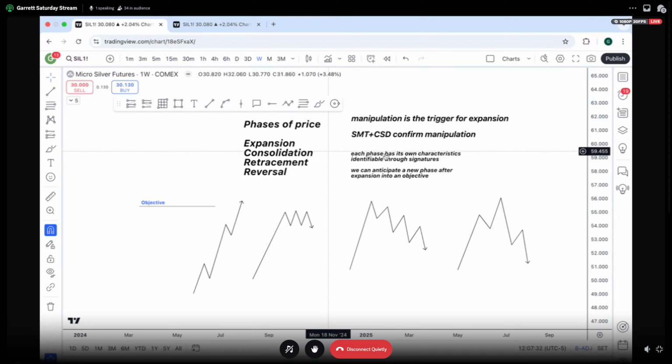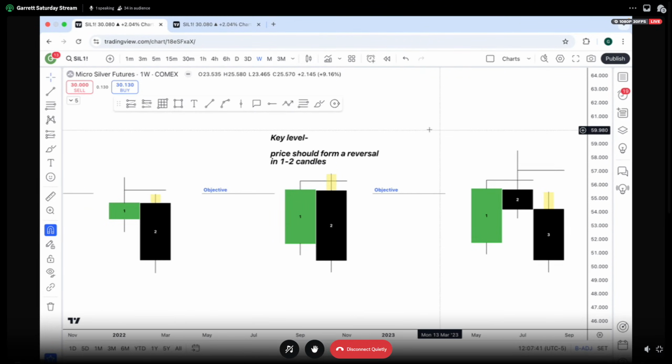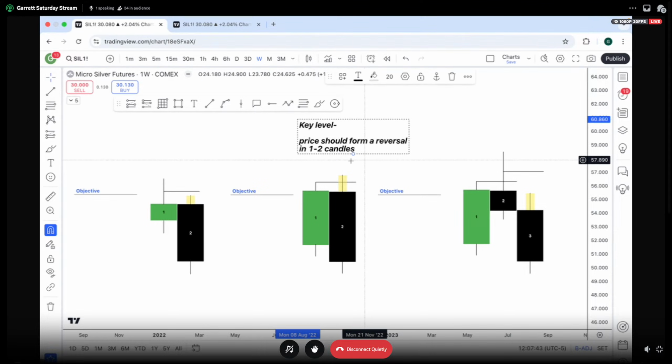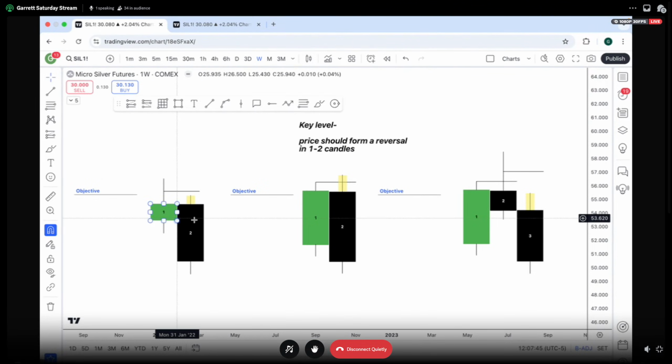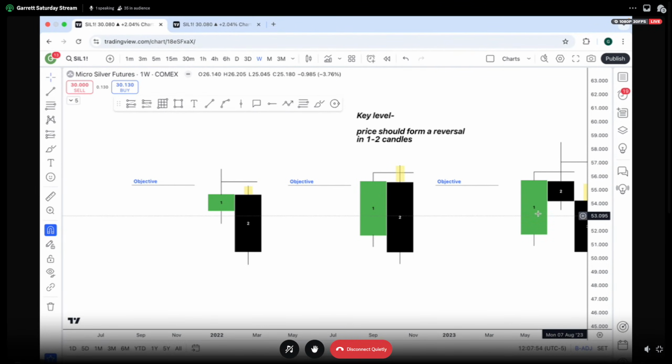Now I'm going to show you this simple rule that I use to basically trade away from key areas. If you look at a key area, typically we reverse in one or two candles, and it's going to look a couple of different ways. I count candle one as the candle that hit the objective. It's going to close a couple of different ways.